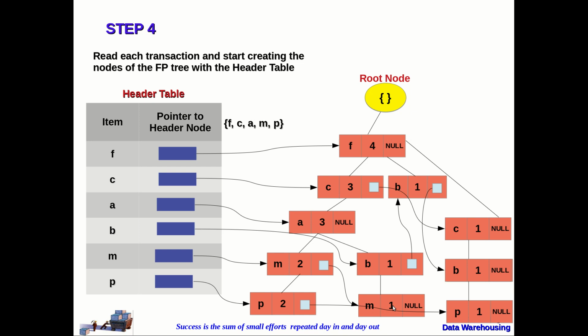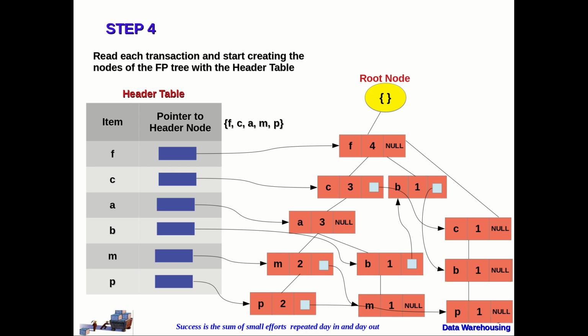Again for P, the support count value we have seen is 3. So you can see here this is 2 plus 1, 3. So this is going to be your final FP tree constructed for the given transaction database. So this is how we construct the FP tree for the given transaction database.